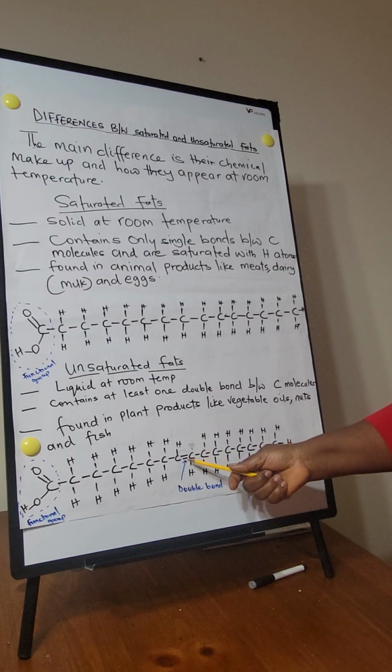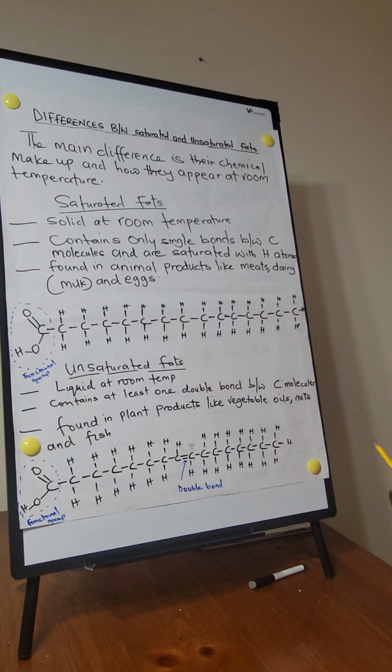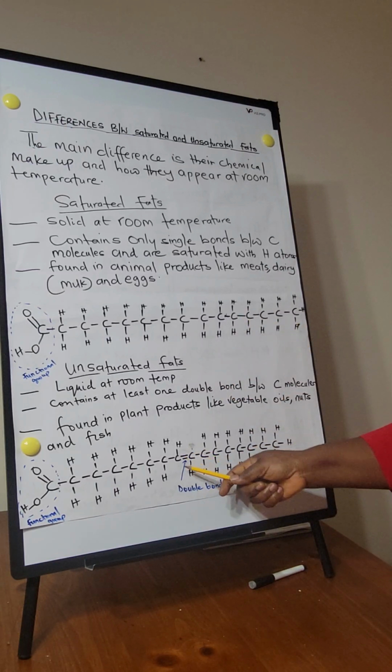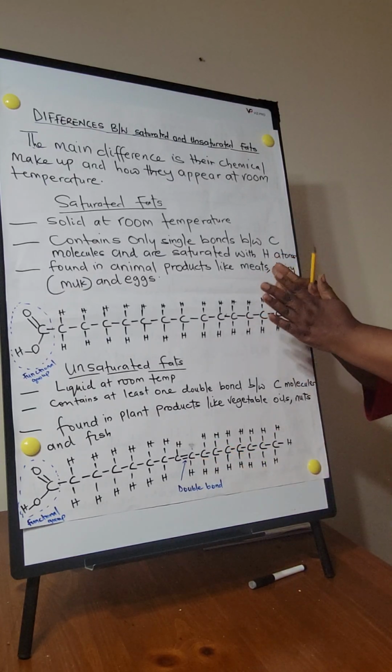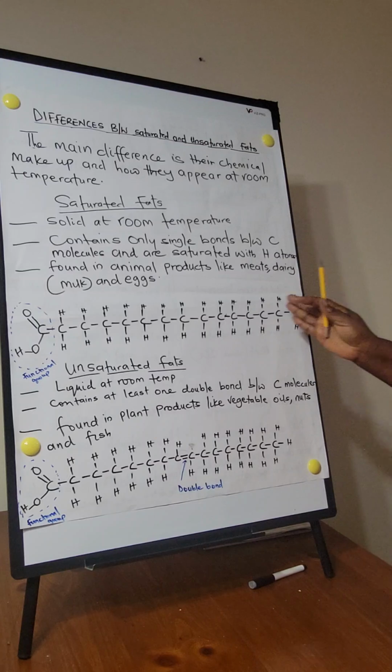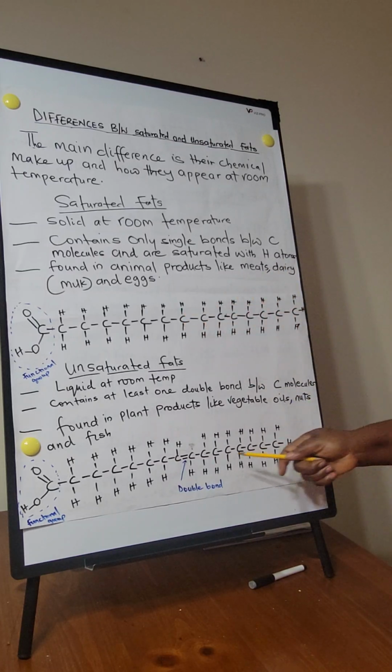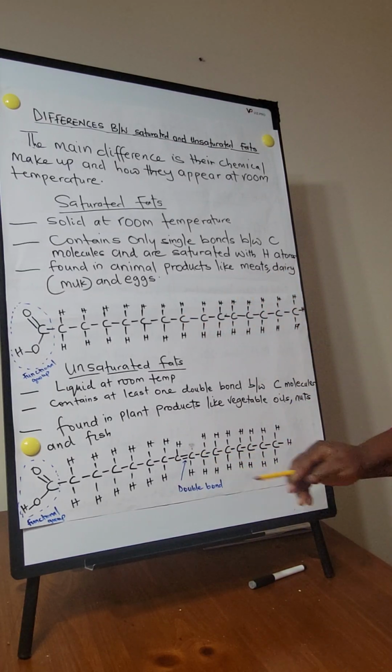It's not saturated, which means if you add water to it, it can be hydrolyzed, and hydrolyzing means adding water, making it a liquid. That's why unsaturated fat is always in a liquid form, because of this bond here. But this one is solid because it's stable. People that study chemistry know that when something has a single bond, it's stable. But a double bond means that it has room for accepting other elements.